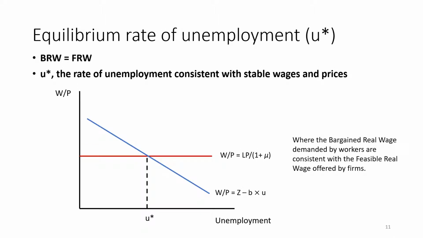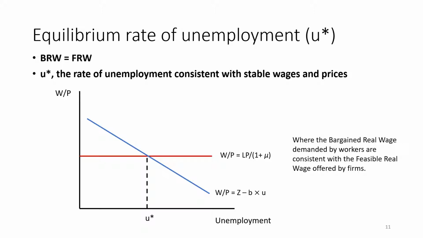We can now put everything together to see how the equilibrium position in the labour market is determined. And this is basically going to be where the bargain real wage is equal to the feasible real wage. At this point, the real wage that workers push for is consistent with the real wage that firms can afford to pay their workers given the level of labour productivity and the amount of competition they have.